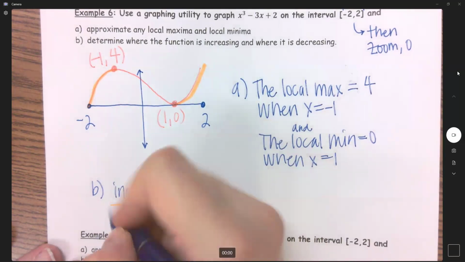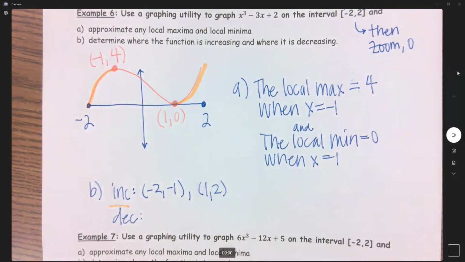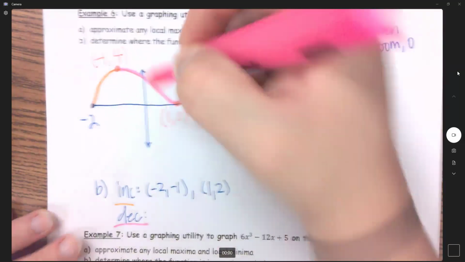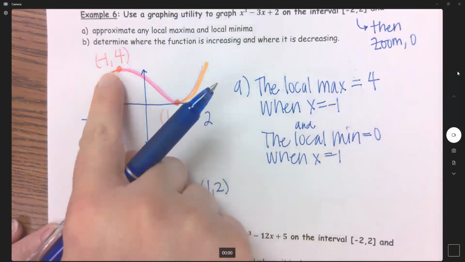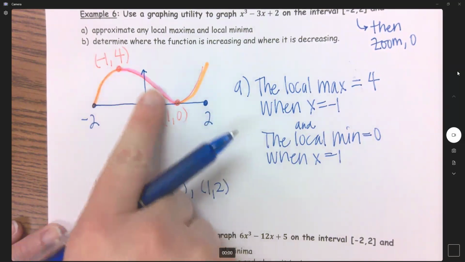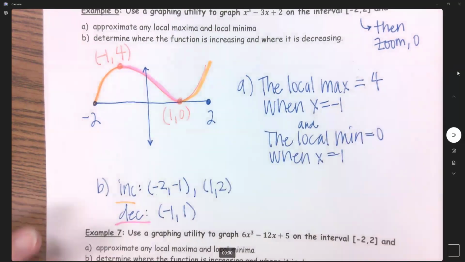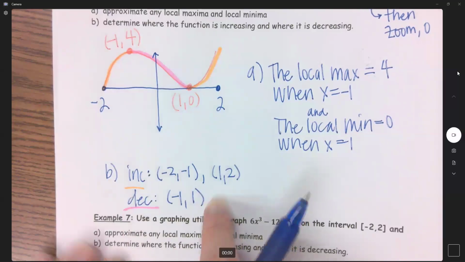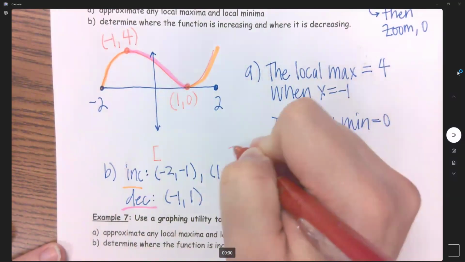So then where is this decreasing? Basically everywhere else, right? Decreasing is this middle portion. And that is happening from x's again, -1 to 1. That's where my y values are decreasing. -1 to 1. Now I have a note in my notes that MyMathLab might want brackets right here.